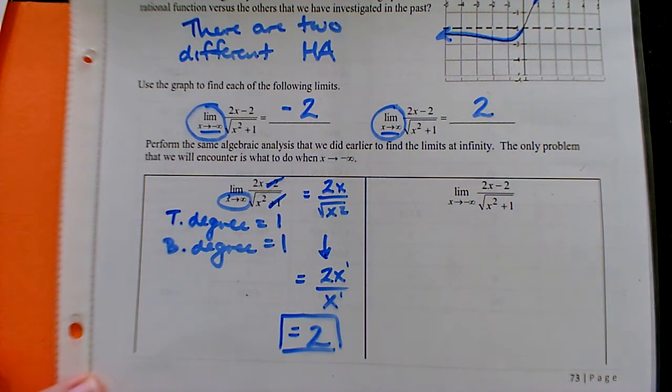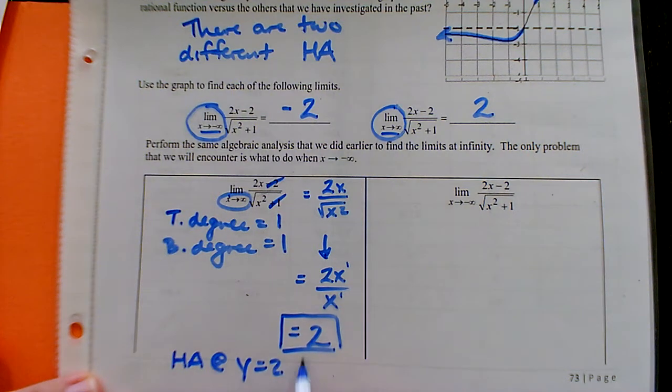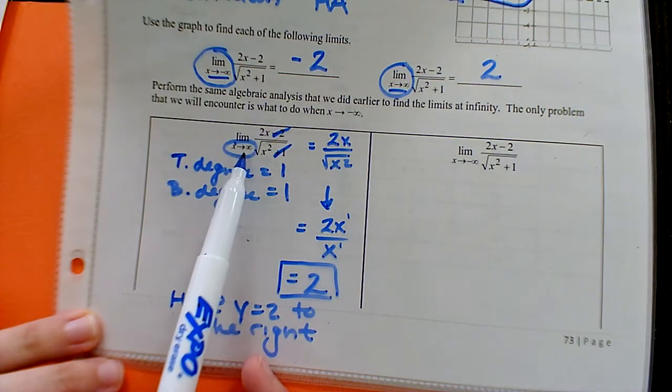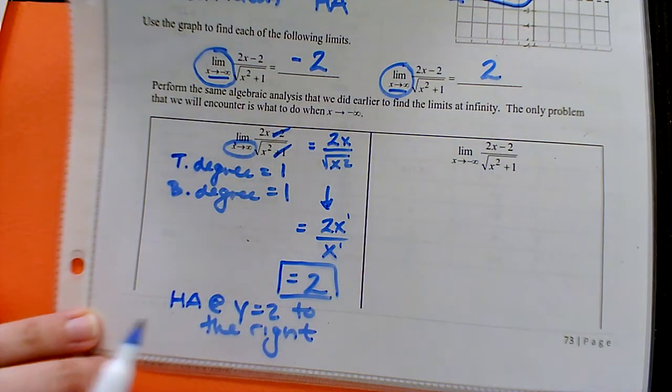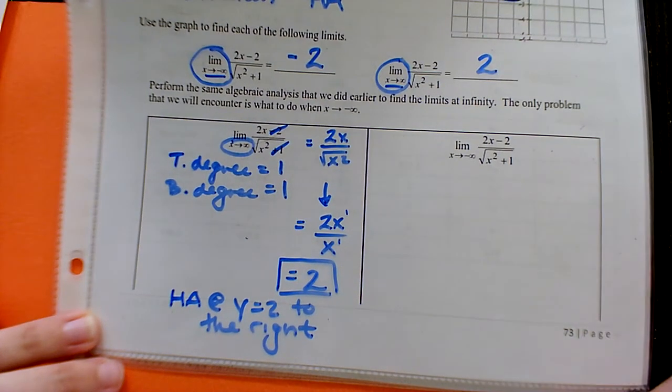Okay. So we would say there's a horizontal asymptote at y equals 2 to the right. We were only analyzing the right-hand side of this function. We were only approaching positive infinity. So there's a horizontal asymptote at 2 to the right.